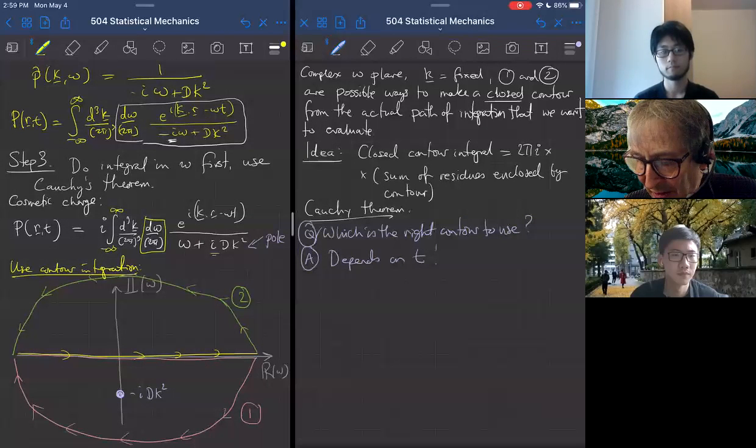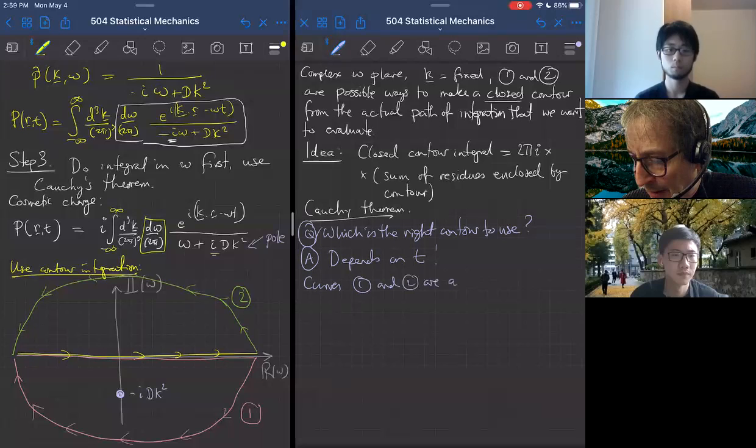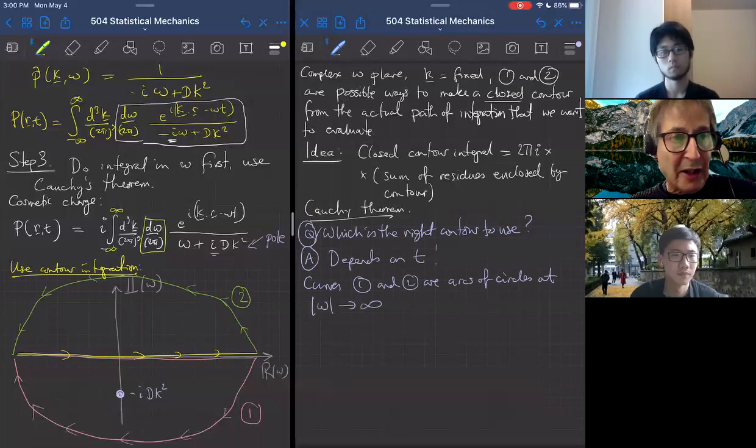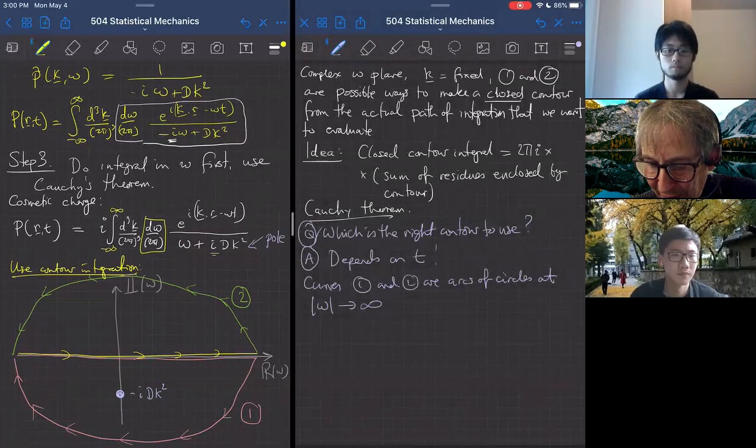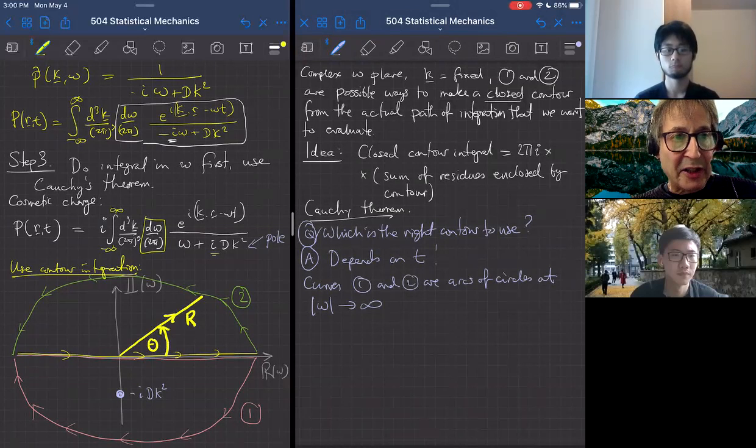So the point is this, that curves 1 and 2 are arcs of circles with the absolute value of omega going to infinity. So I hope you understand that. And so we can draw on this graph here that when we're evaluating those integrals, this is a distance r, and this is an angle theta that increases in this direction.